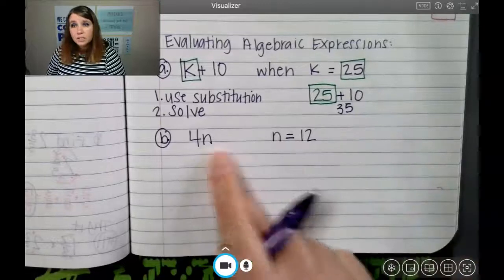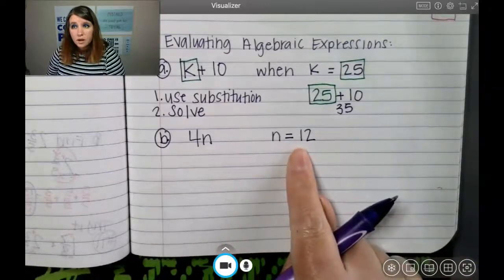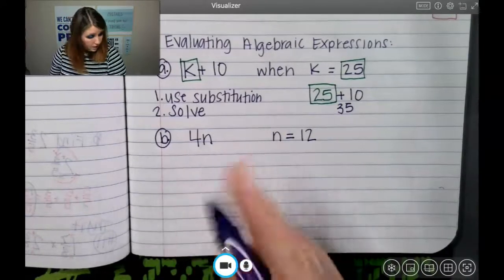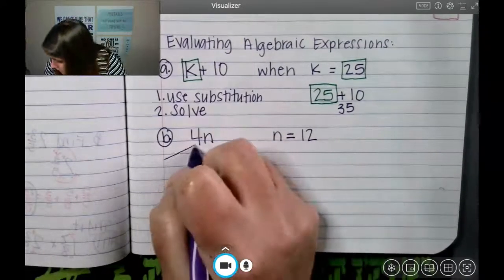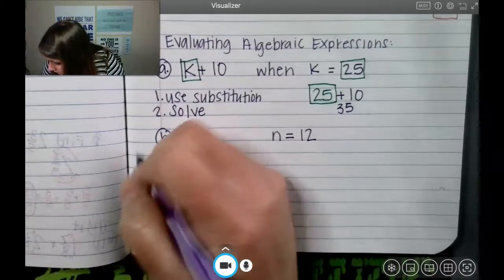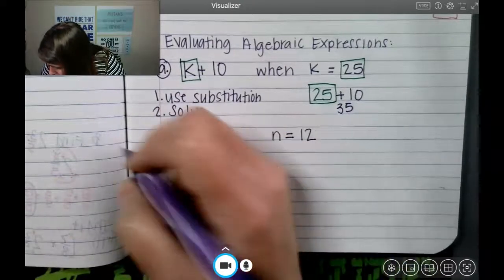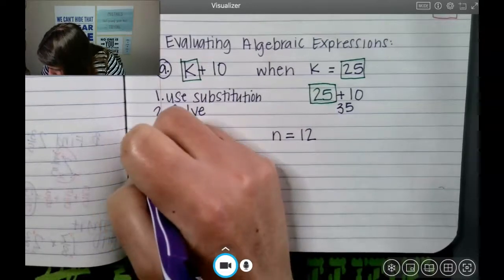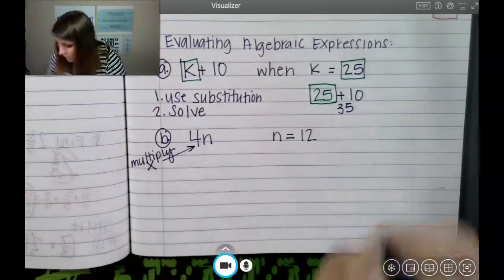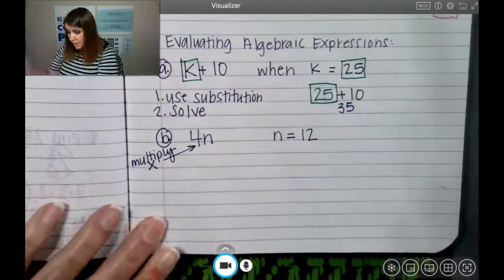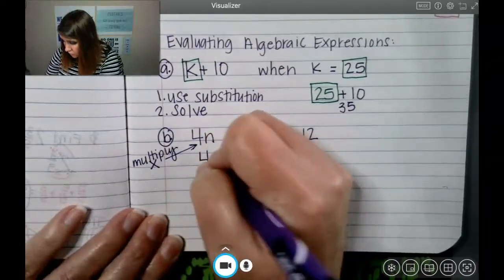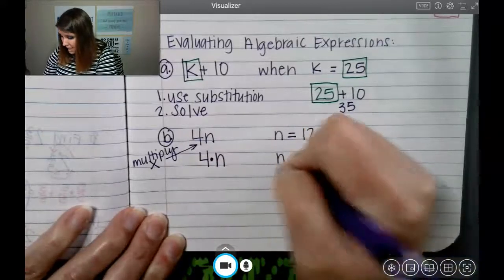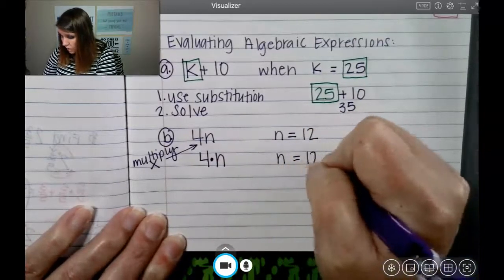A number stuck to a letter means multiplication. So my first step here has to be, I need to multiply. Okay, so I need to put a multiplication sign in here. So this means 4 times n, when n equals 12.